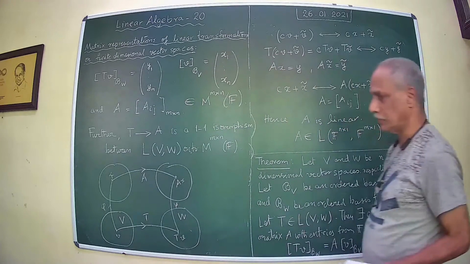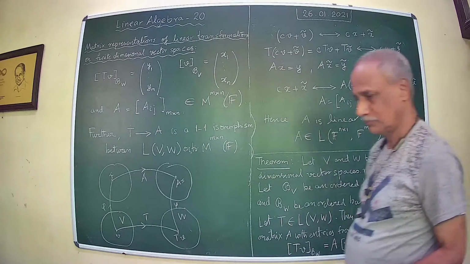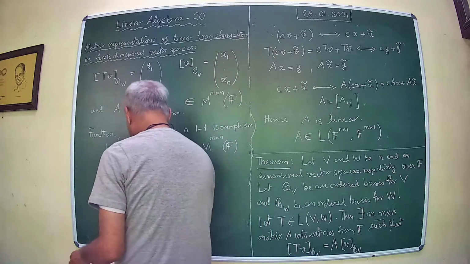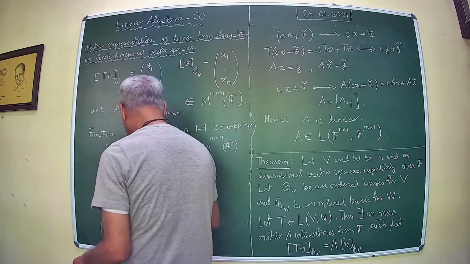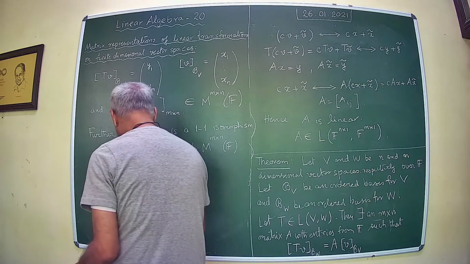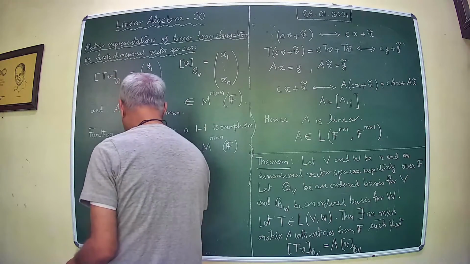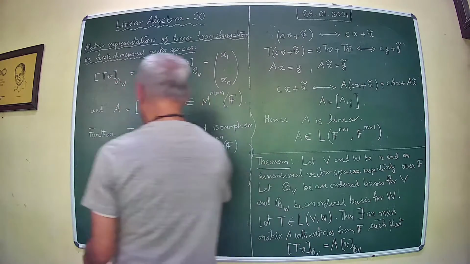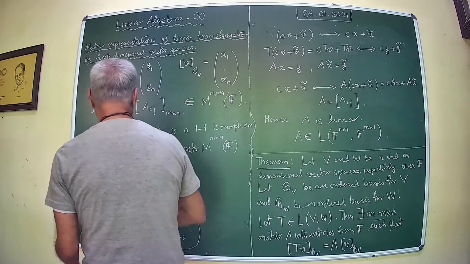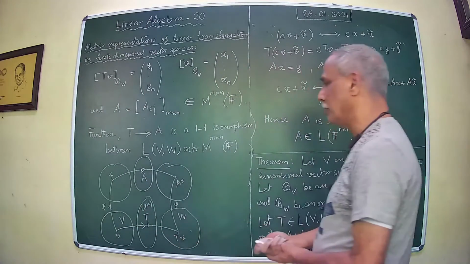This is the picture that you have. Okay. Now what you say is that T belongs to L(V, W). It's a typical member of that. Correspondingly here, you have all the m by n matrices.